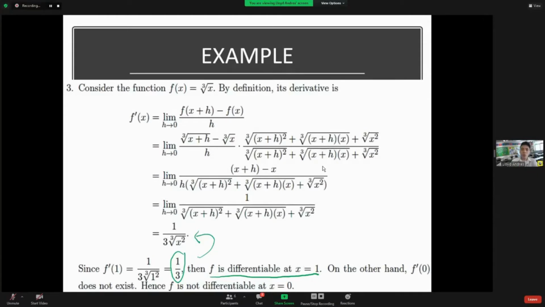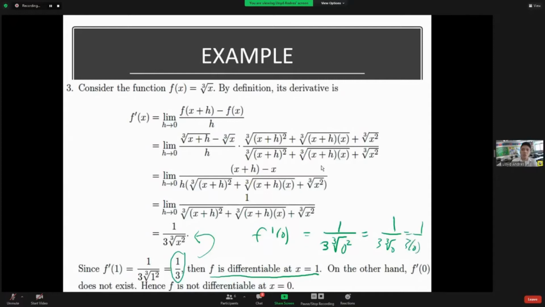What about if we look for f prime of 0, meaning its derivative at x equals 0? We substitute 0: 1 over 3 times the cube root of 0 squared. That's 1 over 3 times the cube root of 0, and the cube root of 0 is 0.